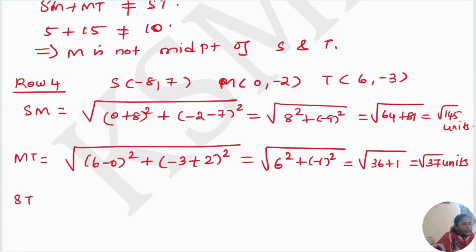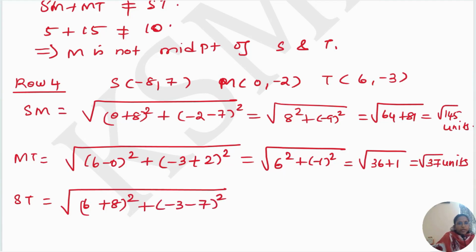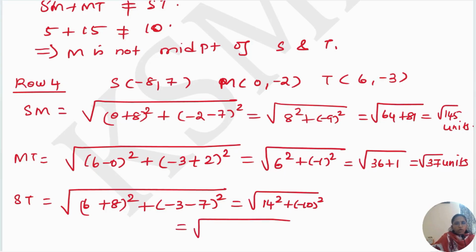And your ST calculation: root of (6 minus of minus 8, so plus 8) the whole square plus (minus 3 minus 7) the whole square. So 14 square plus (minus 10) the whole square, which is equal to root of 196 plus 100, which is equal to root of 296 units.